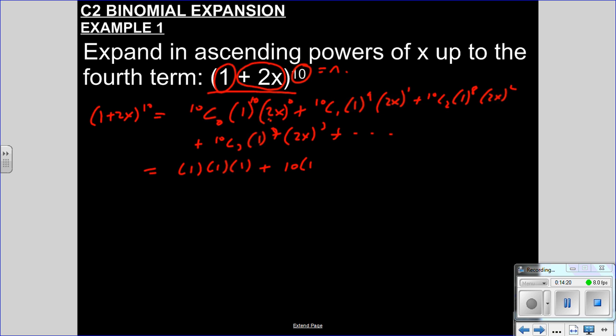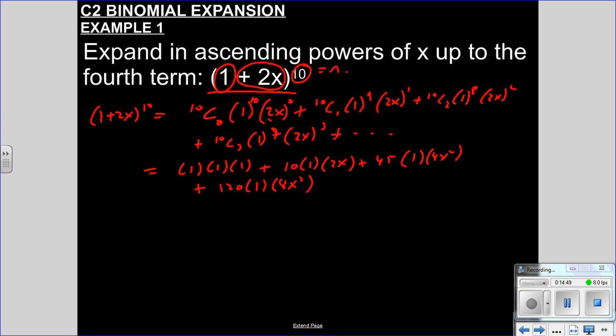1 to the power of 9 is 1. (2x) to the power of 1 is 2x, plus 10 choose 2. Calculator. So you just literally write 10, shift divide, and then 2, equals. So 45. 1 to the power of 8 is 1. And then you've got your 4x squared. Plus 10 choose 3. 120. 1. (2x) cubed is 8x cubed, isn't it?